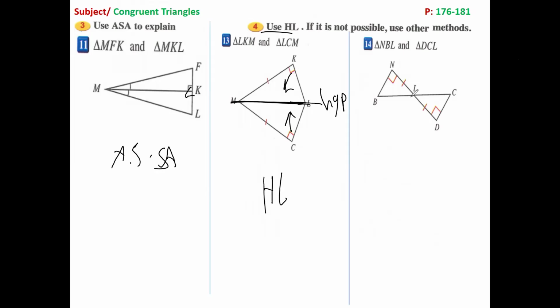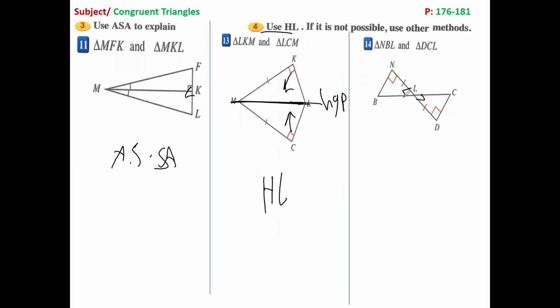But take a look at this one. Can I say it's a common hypotenuse? No, because I don't know if CL equals BL. I don't know this one, but I know something else. If two lines cut each other, the opposite angles will be exactly the same measure. So good, because I know this one. In this case, I can say this angle and this angle are exactly the same thing.